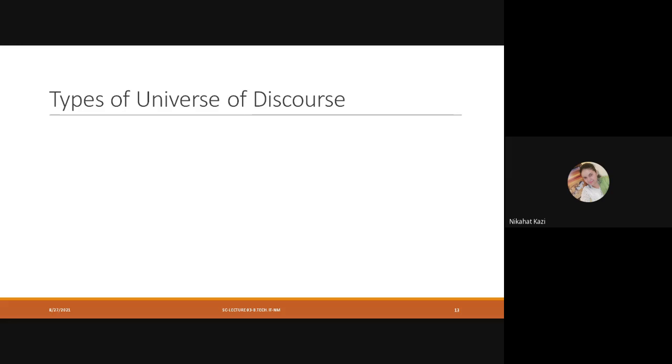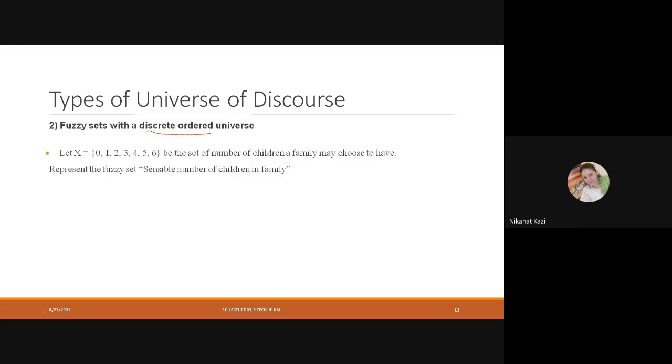Next type of universe of discourse. Okay. Next type of universe is basically discrete and ordered. Let us take this example. So x is equal to 0, 1, 2, 3, 4, 5, 6. It is basically the set of number of children a family may choose to have.